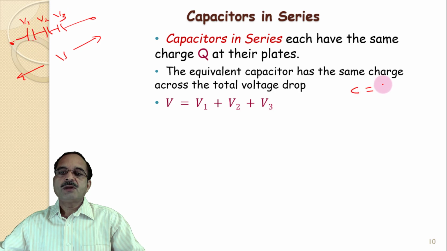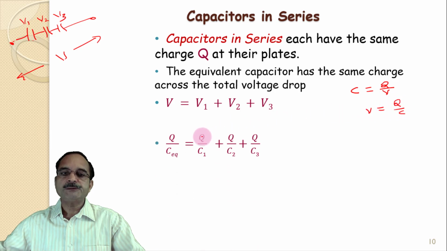Now using this relationship C equal to Q upon V, we can write V equal to Q upon C. So as the charge across all the capacitors is the same, this total V is because of C equivalent. So we can write this as Q upon C equivalent, and for capacitor 1 it is Q upon C1, for capacitor 2 it is Q upon C2, and for the third capacitor Q upon C3.